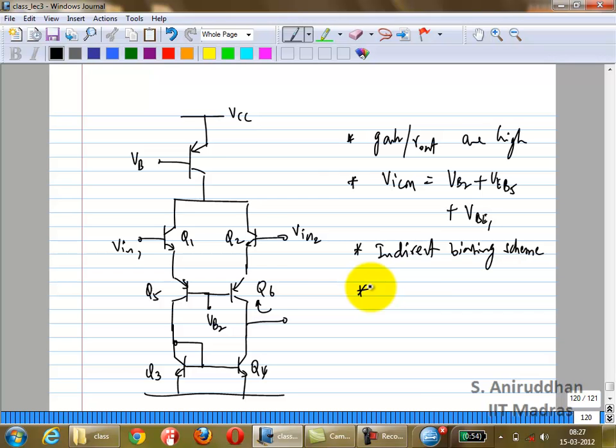What does it look like at the base? 1 plus beta times. So you're also improving the input resistance. If you have a transistor with a resistance on the emitter, from the input it actually looks larger, 1 plus beta times the resistance, at the base.